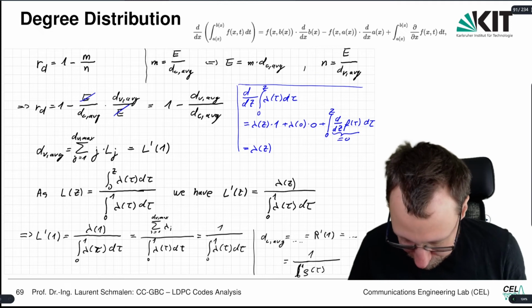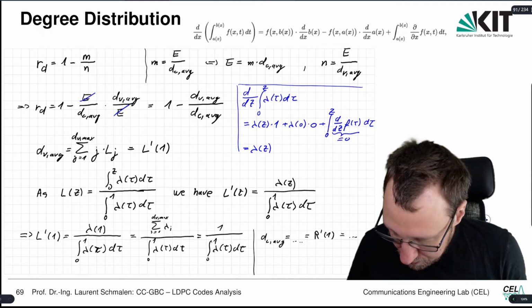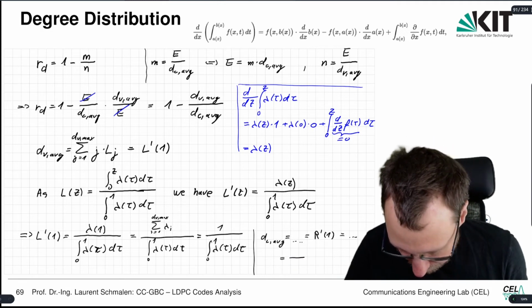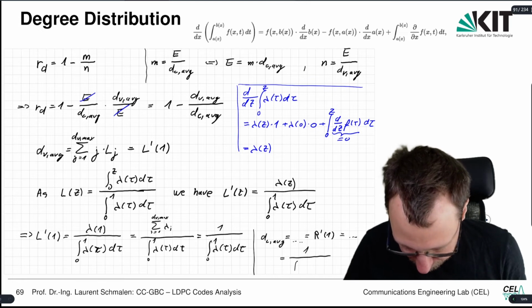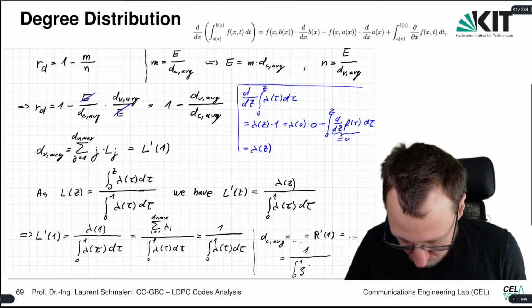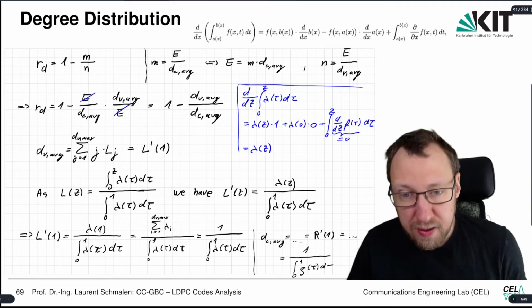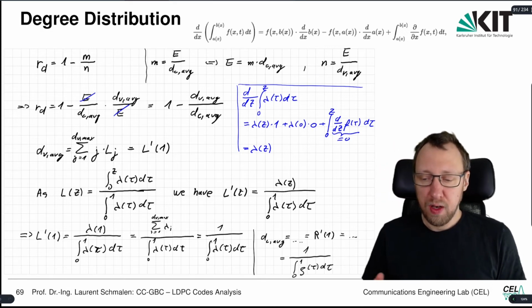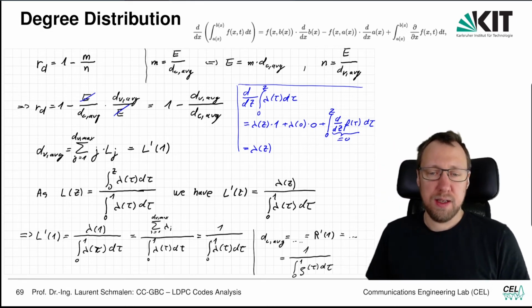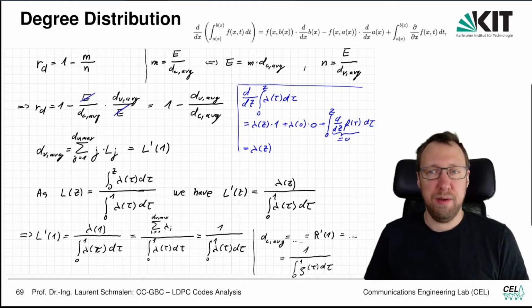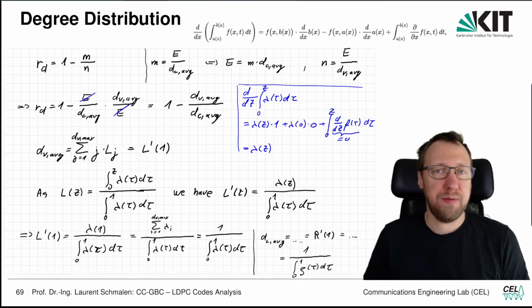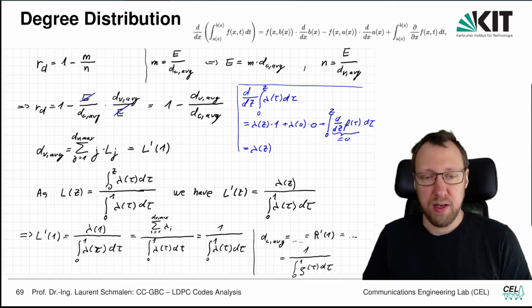Let me rewrite it again properly. So this is 1 divided by the integral from 0 to 1 of rho of tau d tau. So that concludes this proof and this derivation of the average variable node and the average check node degrees.